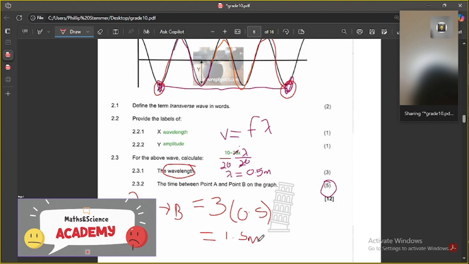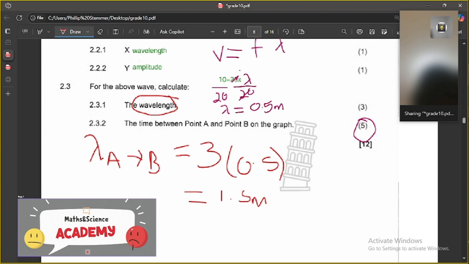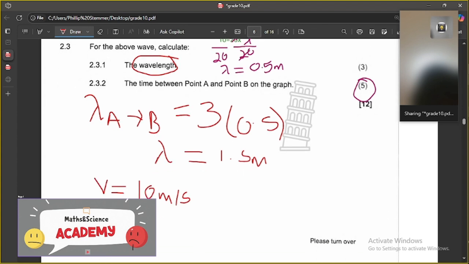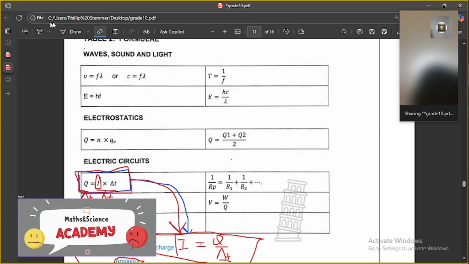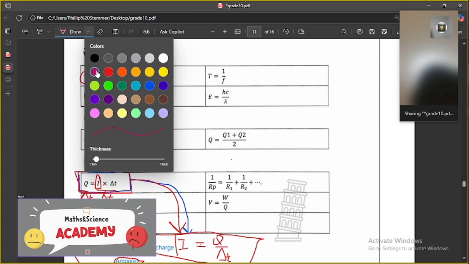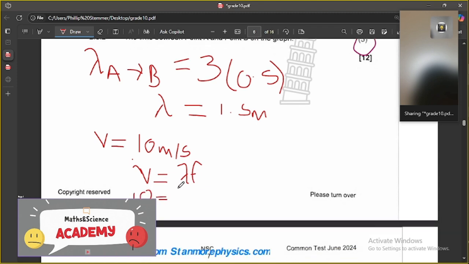And then another one, we already know the speed of the wave. The speed is given as 10 meters per second. So now we already have the velocity, we already have the lambda. We're supposed to find the frequency. Velocity equals lambda times frequency. 10 equals 0.5 times frequency. And then we can solve for f.